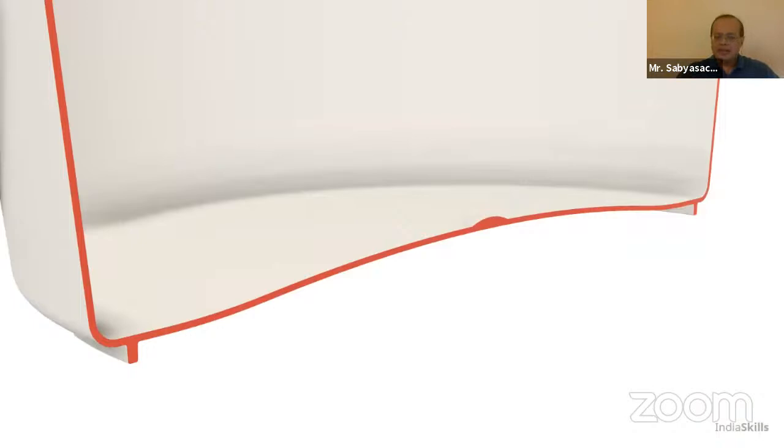Let's look at the base. So, I'm looking at the top and look at the base. Notice a couple of things. Notice that there is actually a rib. There is a rib running around the periphery, close to the circumference. All right, why do we have a rib?